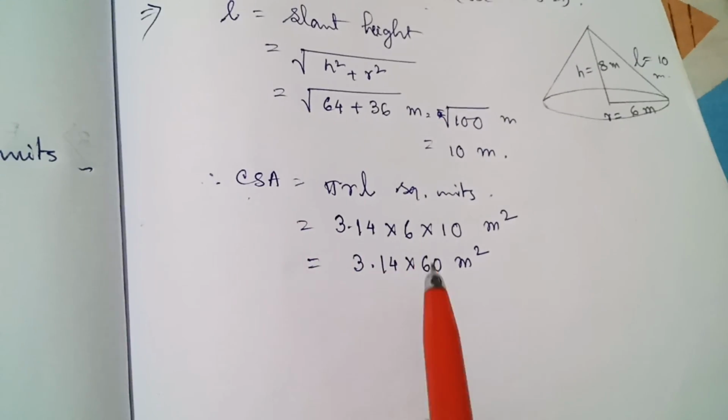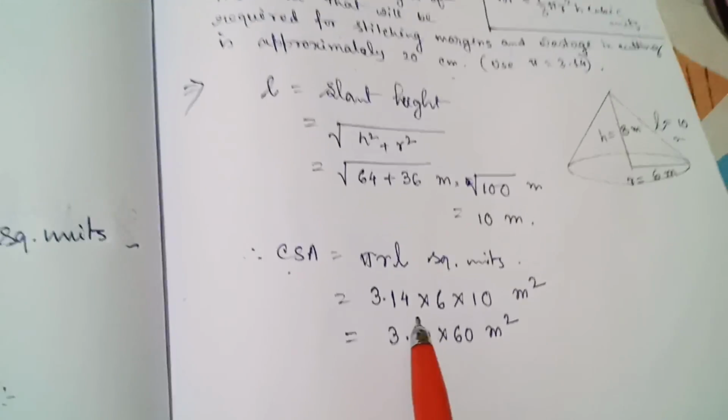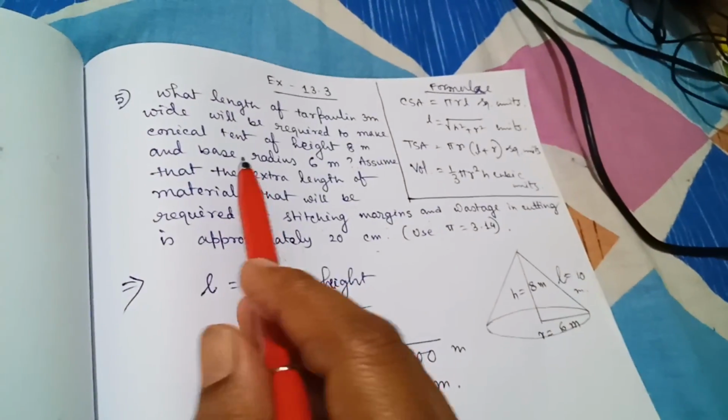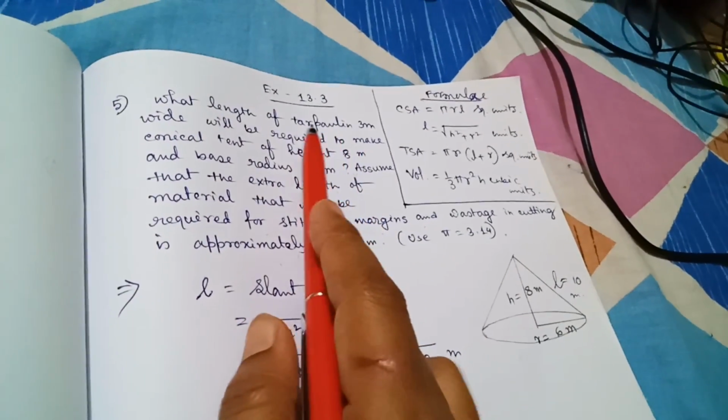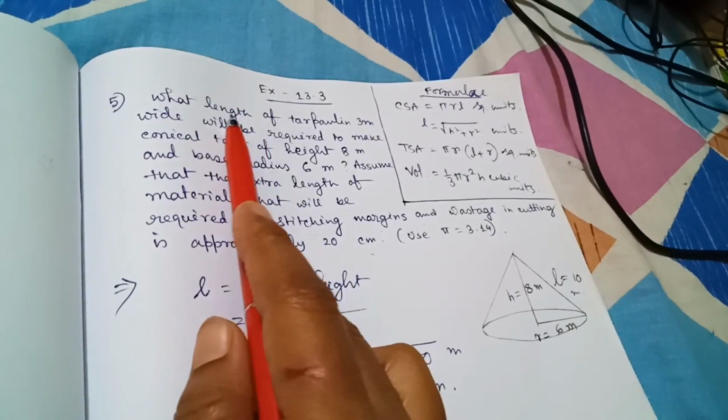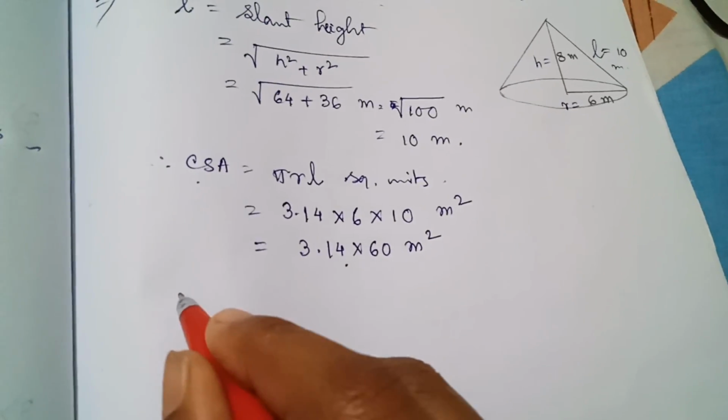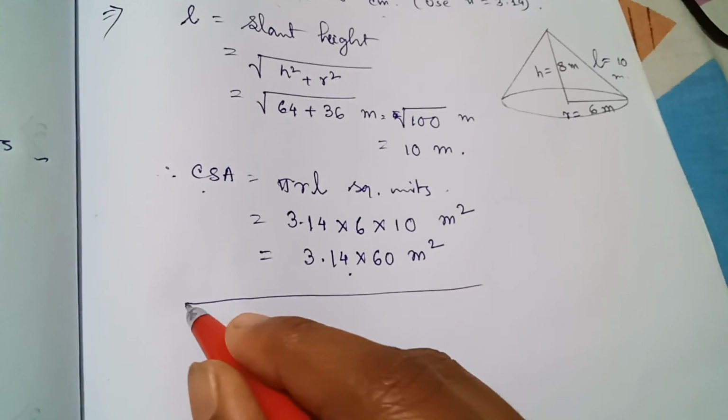Now we have got the CSA, but the question is not to find the CSA directly, rather the length of the tarpaulin 3 meter wide. Think about the tarpaulin like this.